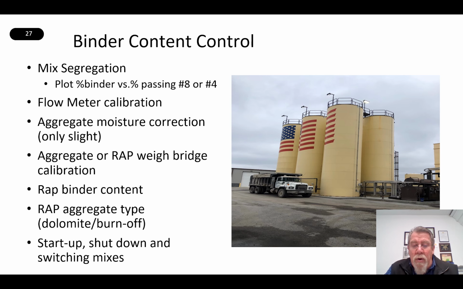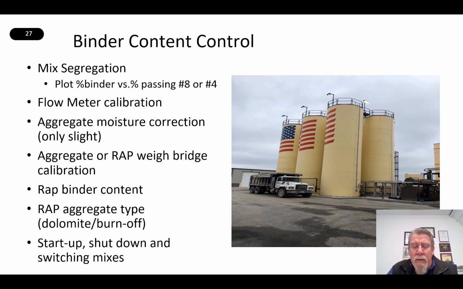Aggregate or RAP weigh bridge calibration. Make sure you calibrate each of those belt scales, and make sure you've got them calibrated to different tons per hour speeds. RAP binder content, whether you run extractions or burn samples, make sure you have an accurate binder content of your RAP. RAP aggregate type.